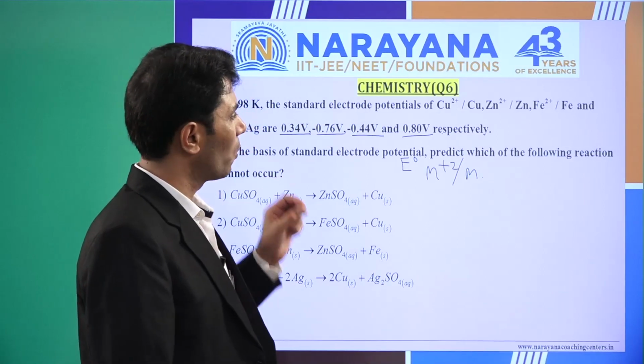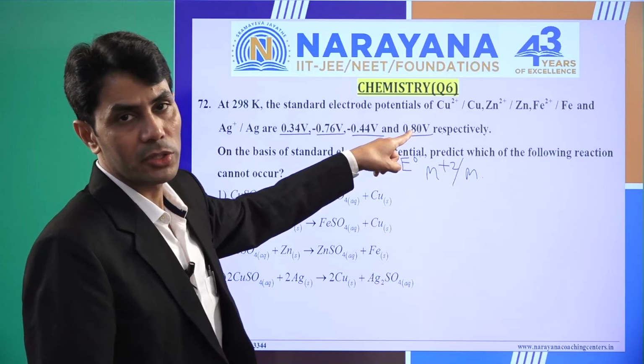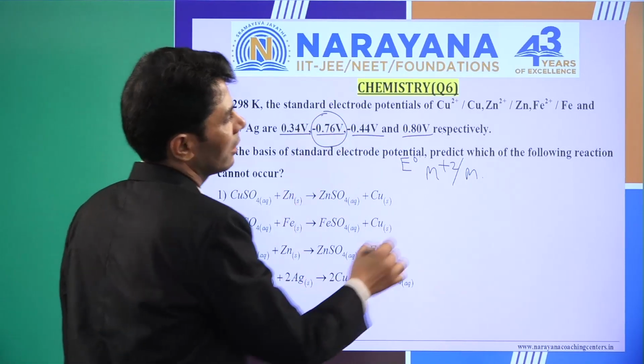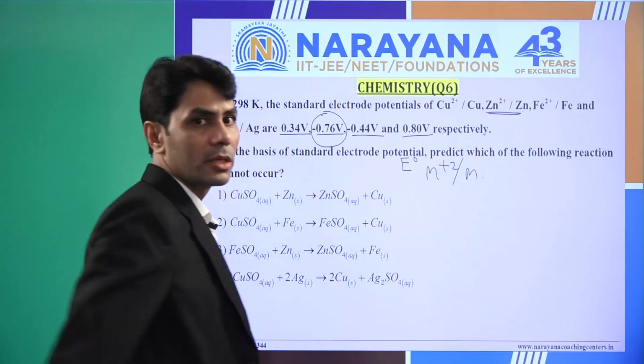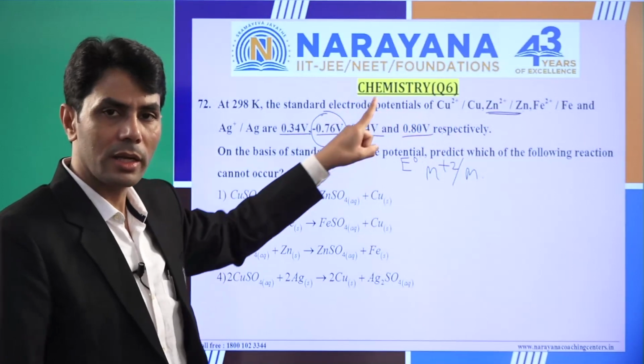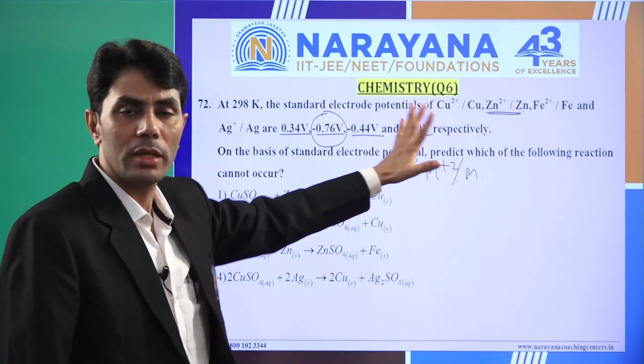So among these 4 elements, which one is the least reactive? We know, silver. And which one is the maximum reactive? This one, that is zinc. So zinc can displace all other elements from their solution, and silver can displace none.